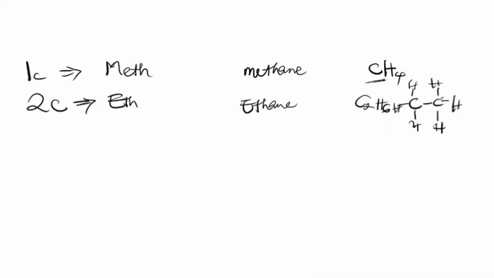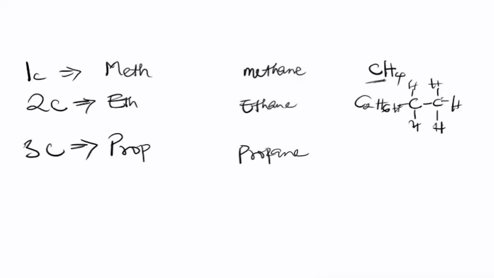So when we have three carbons, the prefix is prop. So an example is propane, which has 3 carbon chains, which is also C3H8.